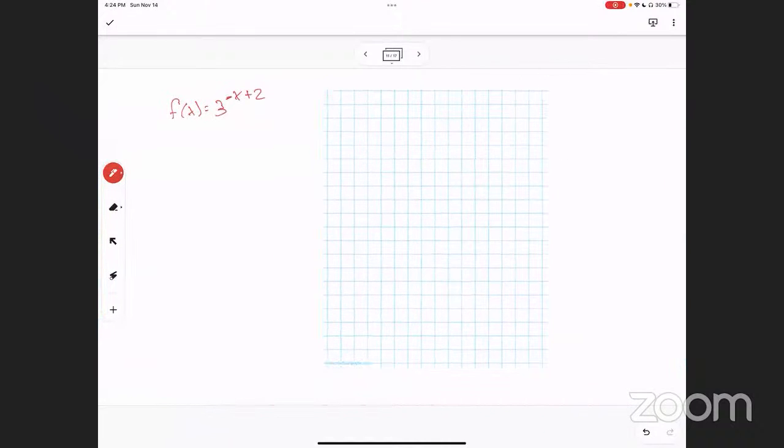So first we have to find the horizontal asymptote. There's my x-axis, there's my y-axis. Tell me how I'm going to find the horizontal asymptote. What is it normally?